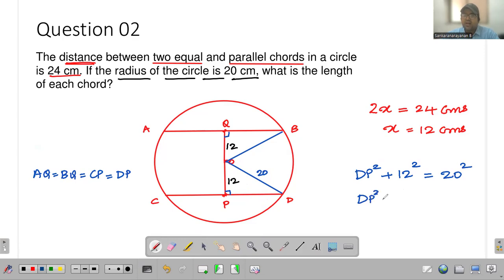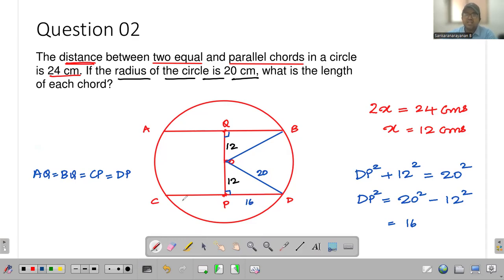So DP square is equal to 20 square minus 12 square. 20 square is 400, and 12 square is 144. So DP square is 400 minus 144, that is 256. DP is the square root of 256, which is 16. So DP is equal to 16.